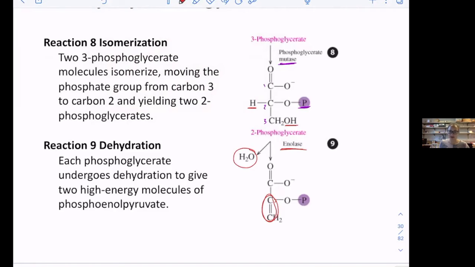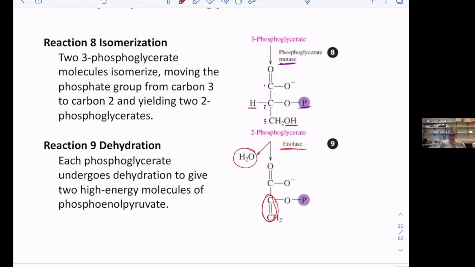An enol is a special kind of structure where there's an ene or an alkene next to an ol, which is an alcohol. So you can see it's a phosphorylated alcohol, but we have an ene next to an ol, so it's an enol. You don't really need to know what an enol is, but that's why it's named as such.